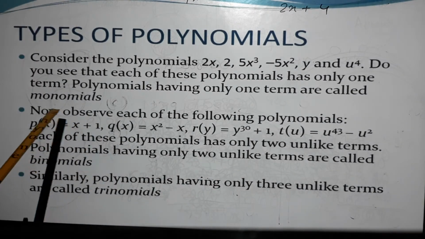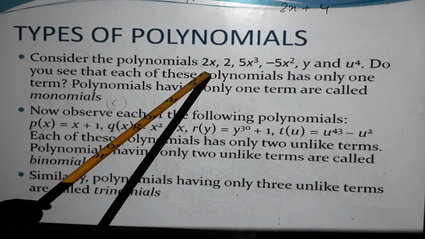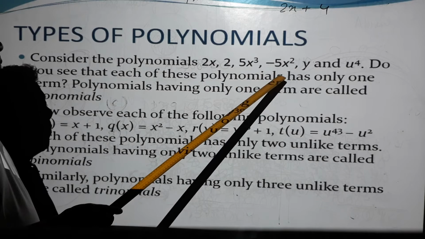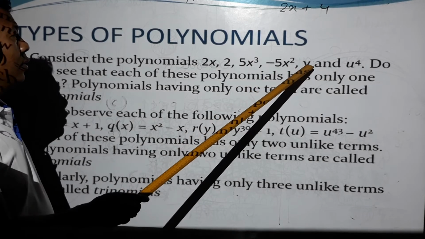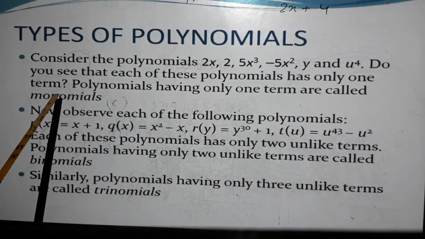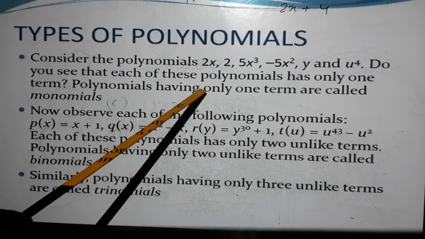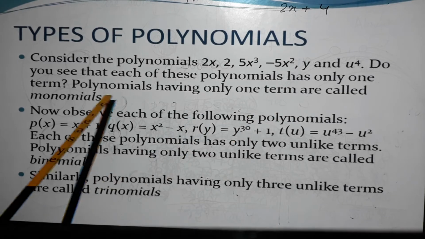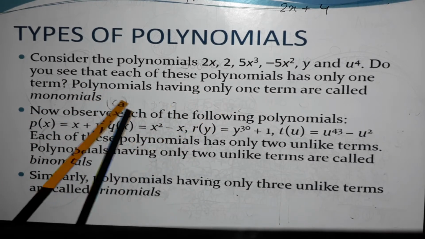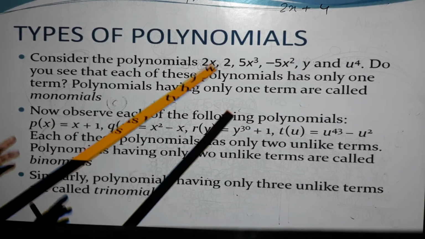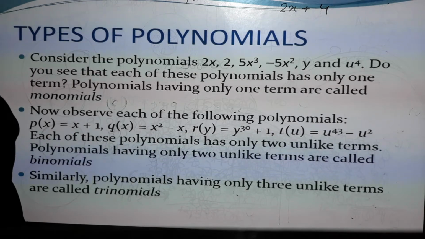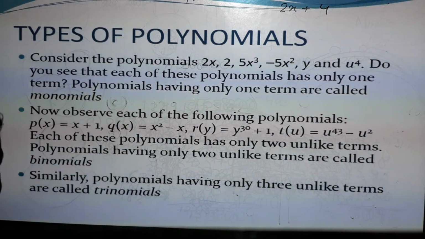The first one: consider the polynomials 2x, 5x cubed, minus 5x squared y and e to the power 4. Do you see that each of these polynomials has only one term? So polynomials having only one term are called monomials. A monomial is a polynomial having a single term.